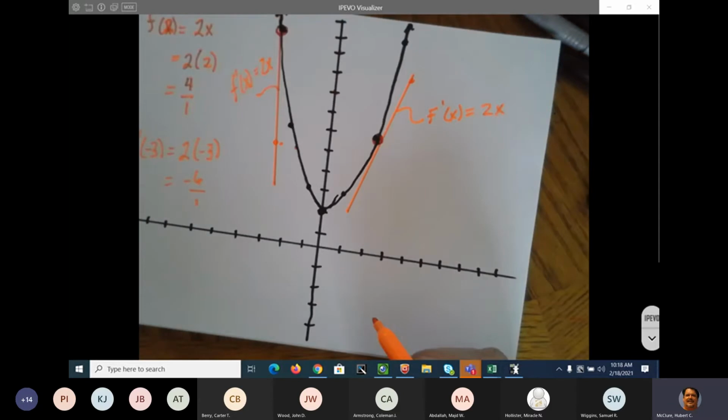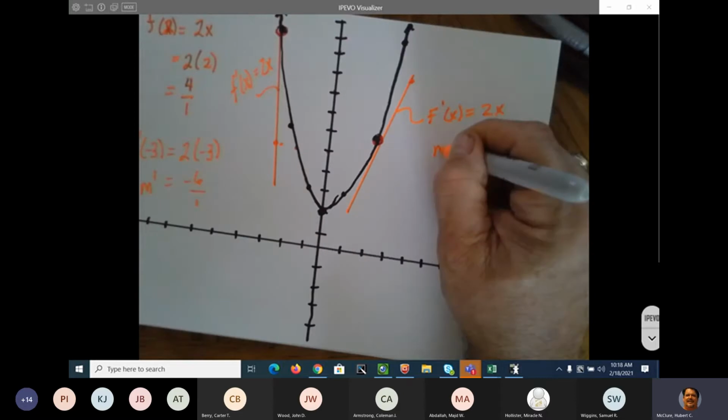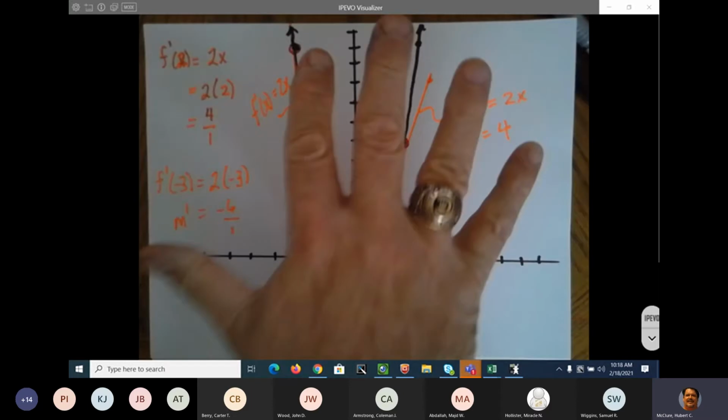And if you plug in the number, you will get the slope of this line, which would be negative 6. M is equal to negative 6. And over here, M is equal to positive what? 4. And that's what you're finding. So write that down, because that is what we're doing. That's your goal for derivatives.